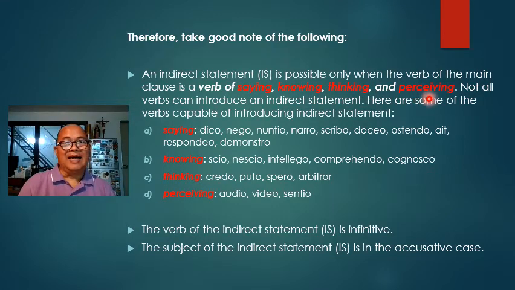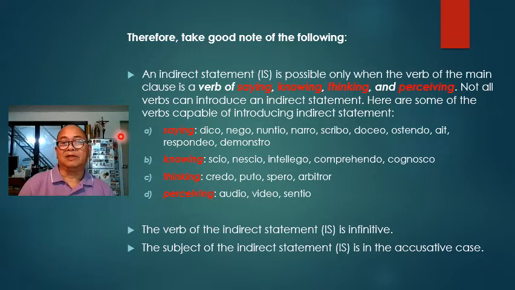So, not all verbs can introduce an indirect statement. Here below, you are given examples of very commonly used verbs in Latin, verbs that we have been using in the exercises or in the worksheets.